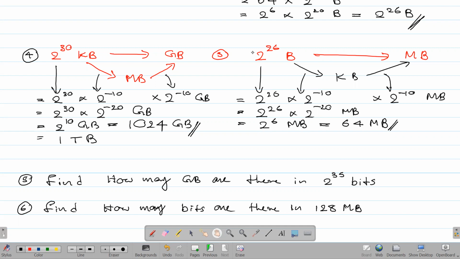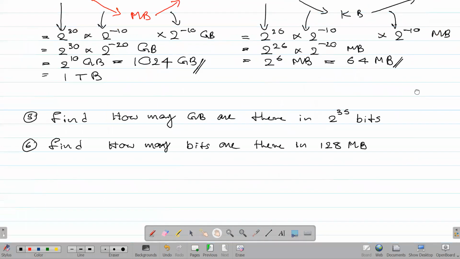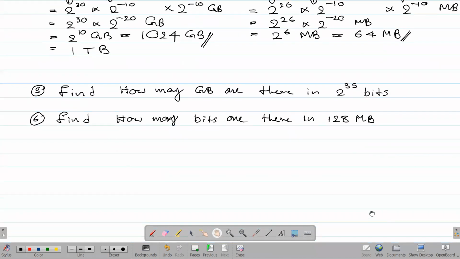Okay. So the fifth one is about converting 2 to the power 35 bits into gigabytes. Oh, I think something went wrong. Just see.